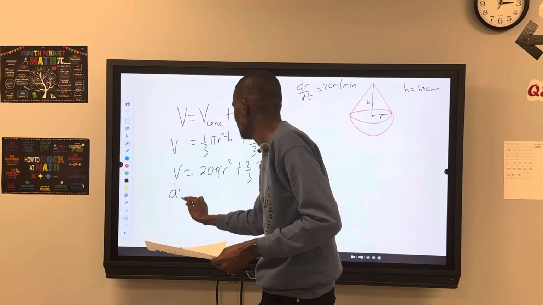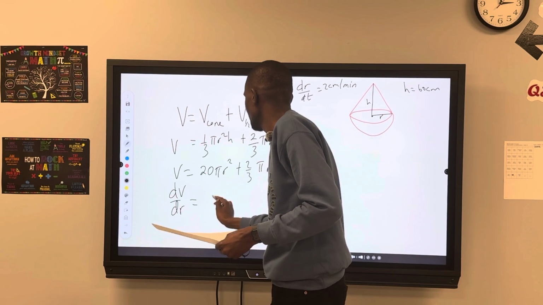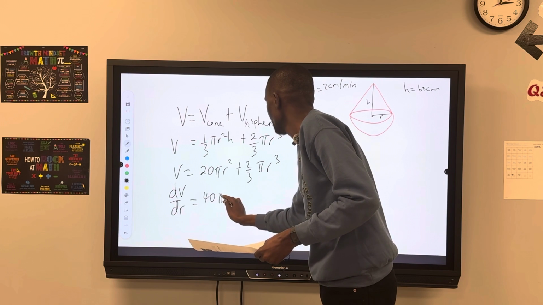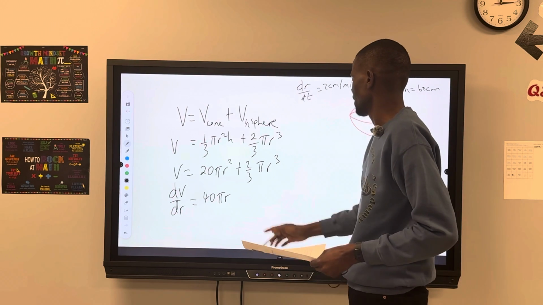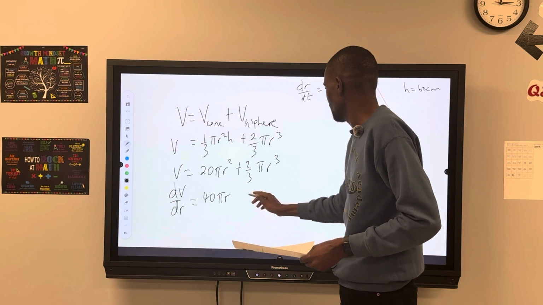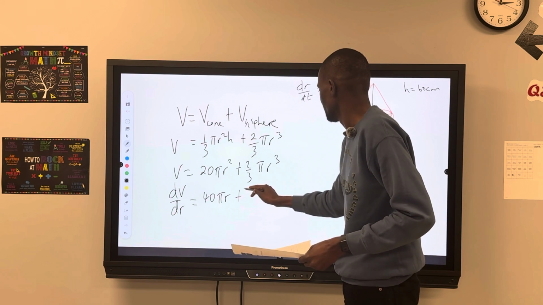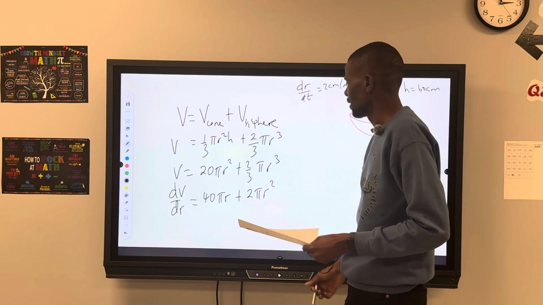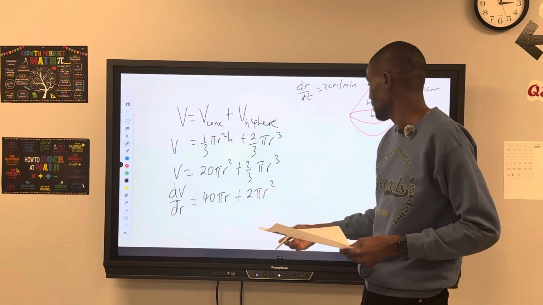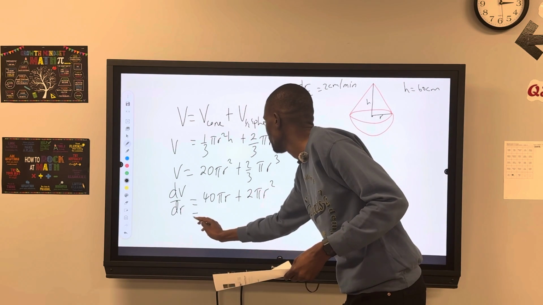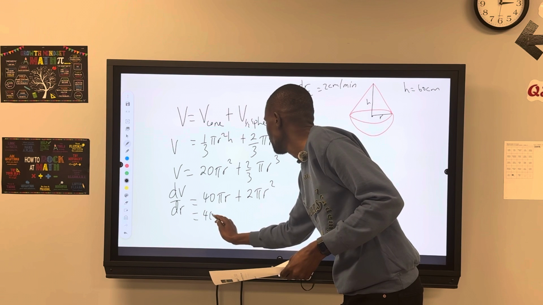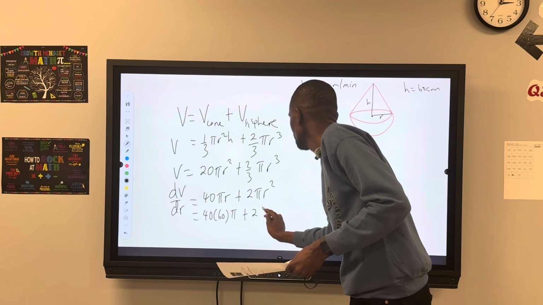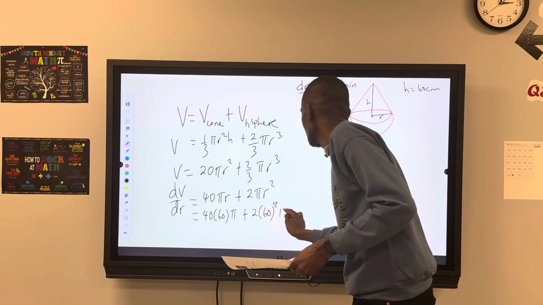So I have to differentiate volume with respect to radius. Here I'm getting 40 pi r plus 2 pi r squared. But we are told that when r is 60, we plug in 60. So this is 40 times 60 pi plus 2 times 60 squared pi.